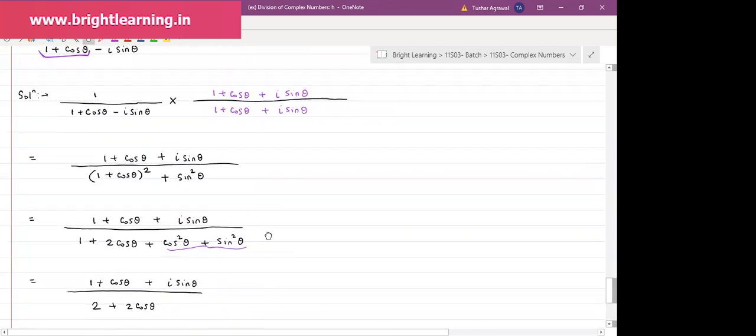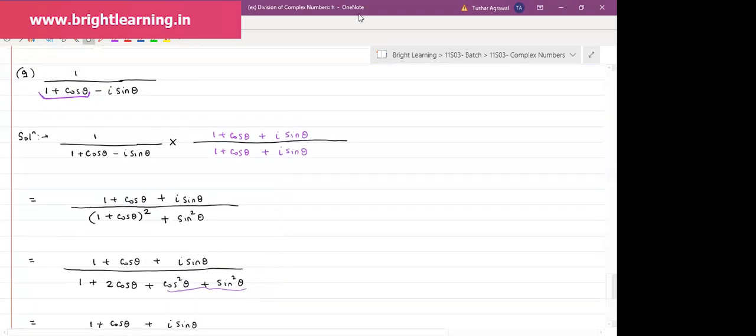How many of you got correct? Anyone? Did you realize the first step before I answered, that I will have to multiply by 1 plus cos theta plus i sine theta? No, sir.